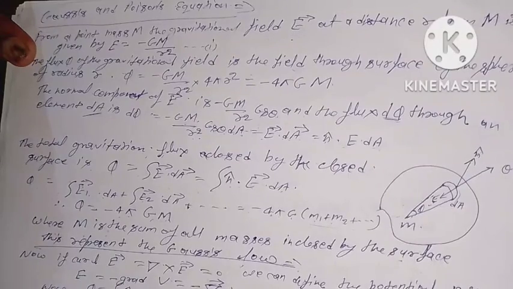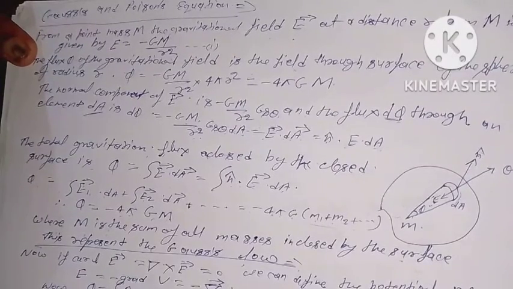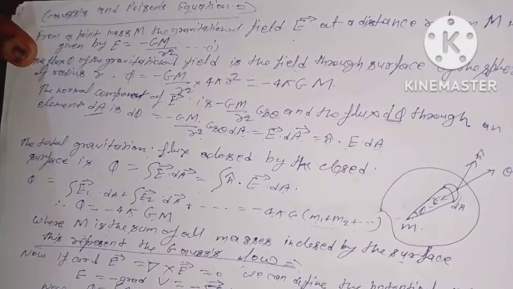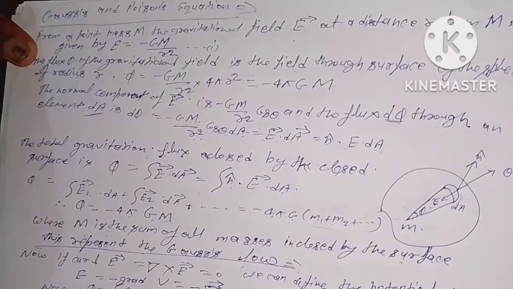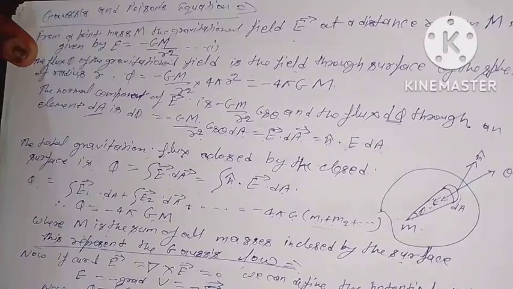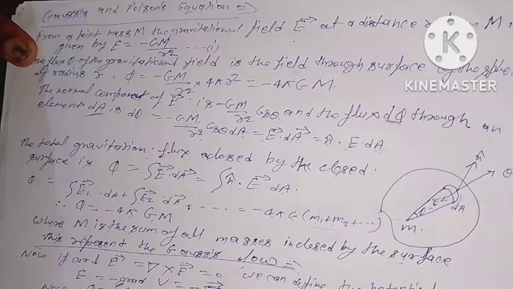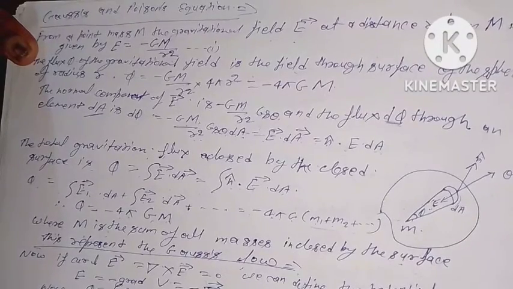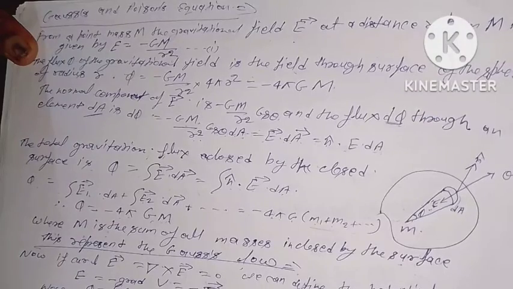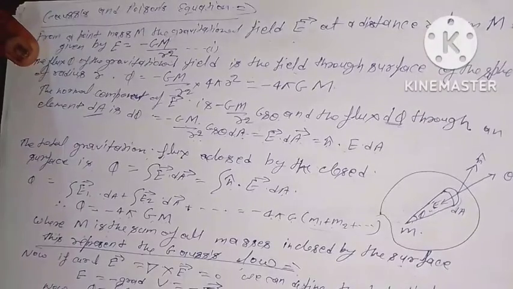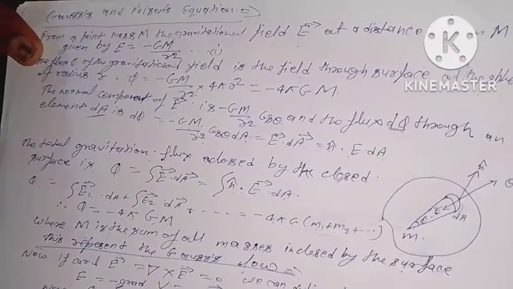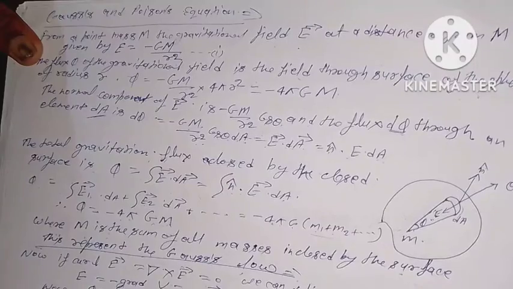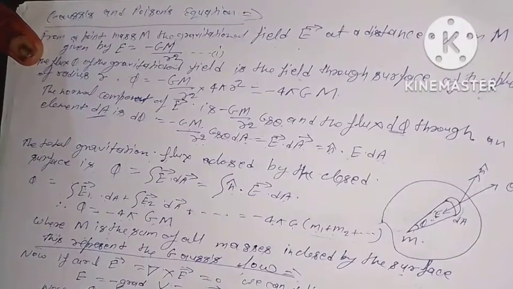For continuous mass distributions, phi equal to minus the integration over mass of 4 pi capital G dm. So phi equal to minus the integration over volume tau of 4 pi G rho d tau.